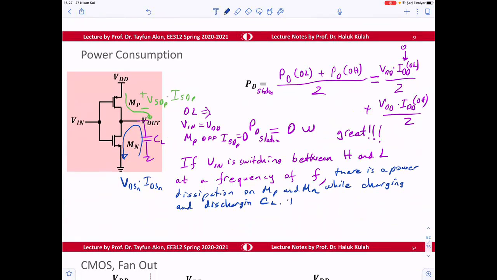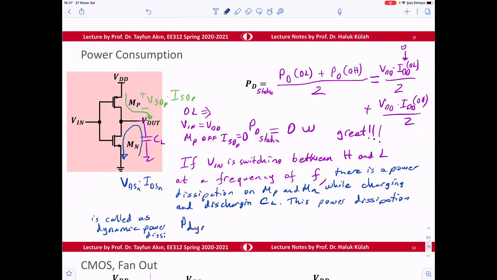Okay, this power dissipation you can calculate actually, and maybe I'll send you this. We call this power dissipation dynamic power dissipation.